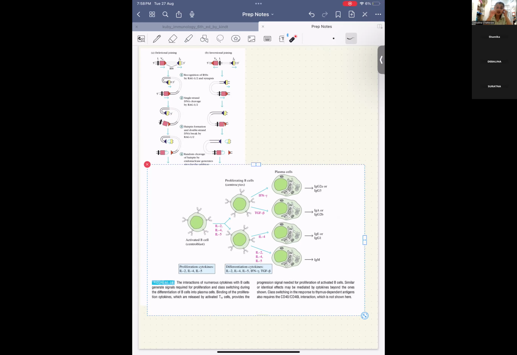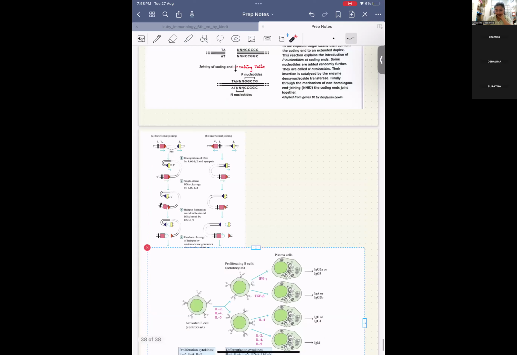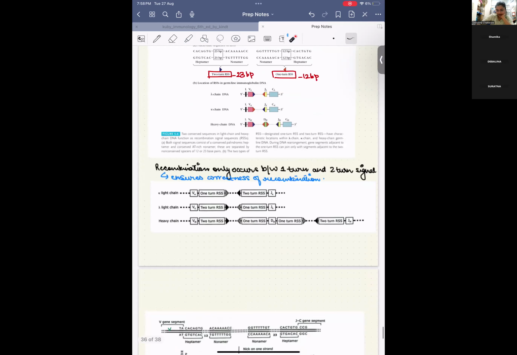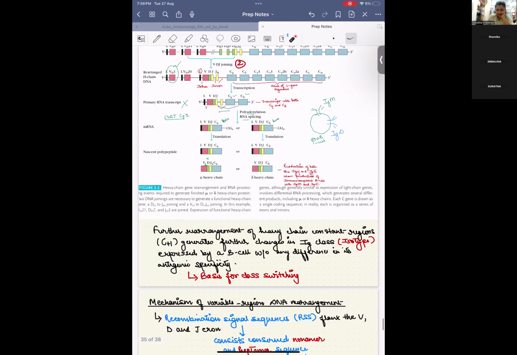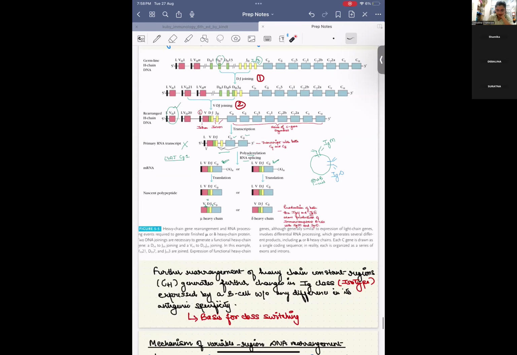The last to join is the C region, right? So VDJ joining has already happened. Now this is fixed. This can now join with either of the C regions. Over here, I'm going to write on it.